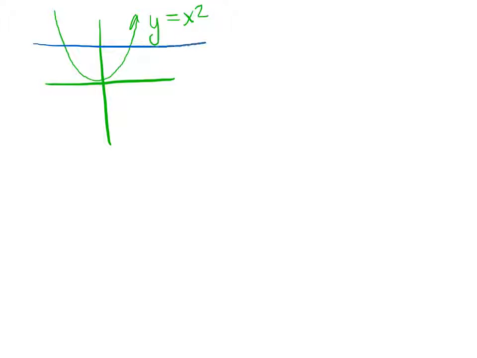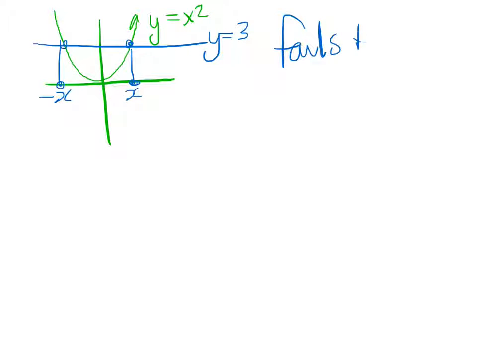I draw a horizontal line, and I say, oops, it crosses in more than one place, okay? So the problem is when y is equal to this value, maybe it was 3 or something, I had these two different x values that give me the same y value. So that's a problem. You tell me y equals 3, I don't know which x to tell you is the right answer. So this fails the horizontal line test.